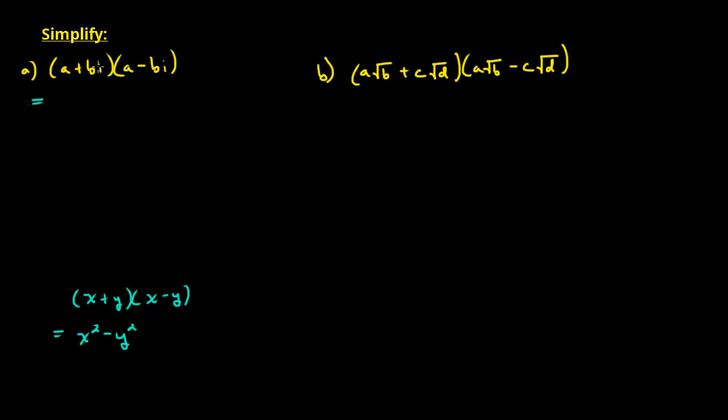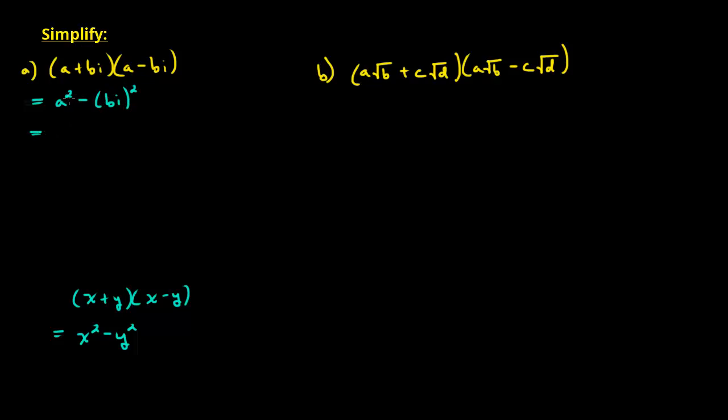So here I've got (a + bi)(a - bi). These are conjugates. So I can expand this by saying that this should be equal to a squared minus (bi) squared.